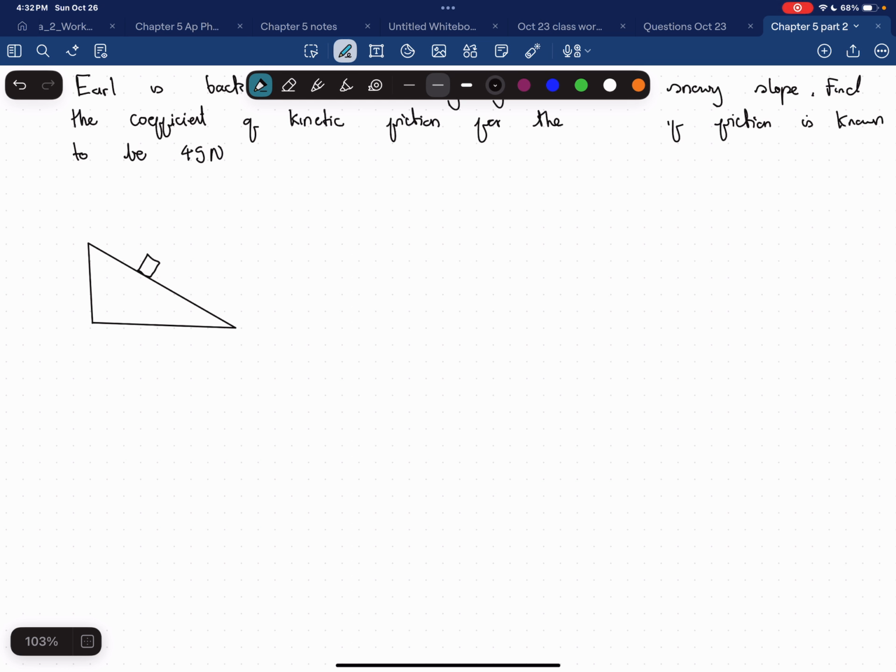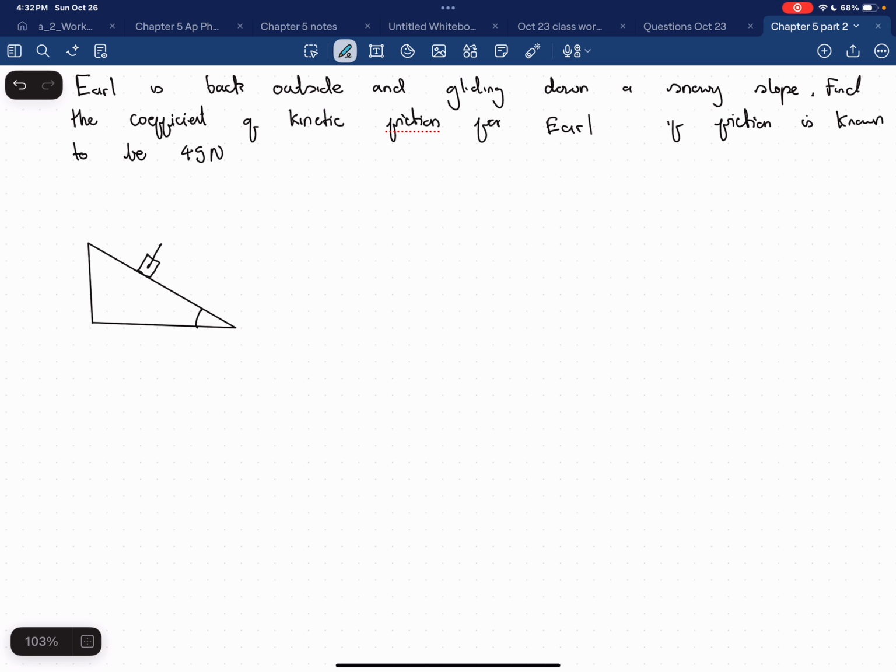For Earl, if the friction is known to be 45 newtons. We've solved the problem like this before, so we're going to be a bit quick. Remember our coordinate system: we align it with the slope, and theta is 25 degrees.